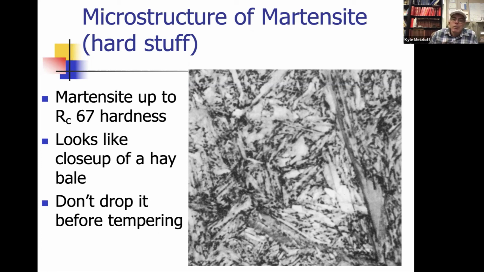A normal maximum you'd see is Rockwell 64, somewhere in there, if you had enough carbon. The more carbon you have, the harder it can get. Hence your experiment, right? Your goal is to back-calculate the carbon content. So we're going to take hardness and back-calculate carbon content, knowing certain things.